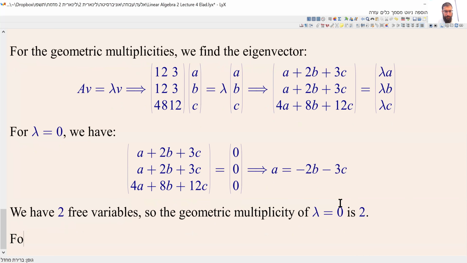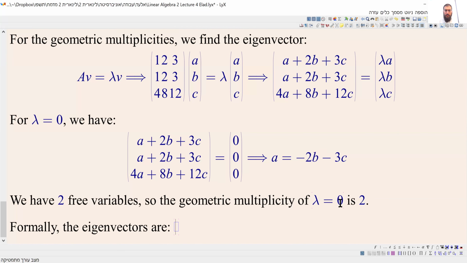Formally, the eigenvectors are: A is minus 2B minus 3C, and B and C whatever we want.